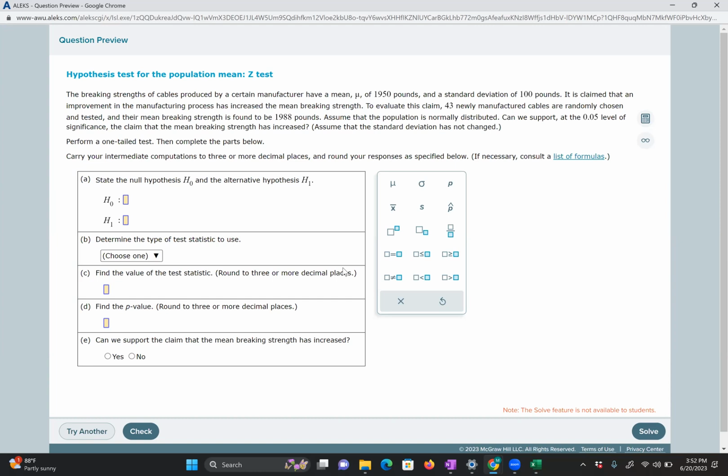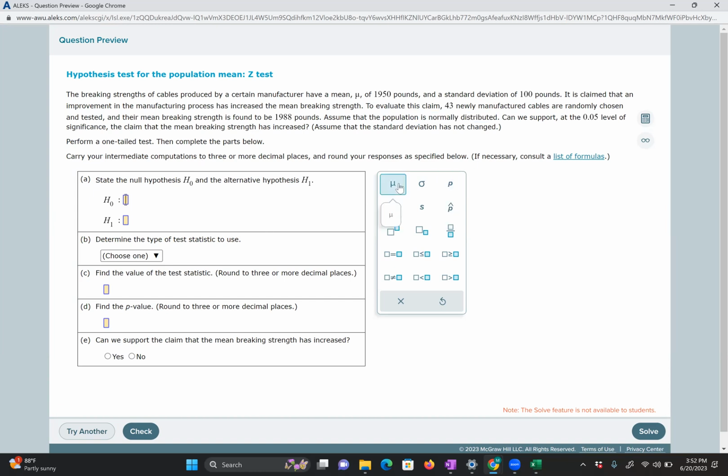Their mean breaking strength is 1988 pounds. Assume the population is normally distributed. By the way, this is also another important statement. Normally distributed. Can we support with an alpha of 0.05 significance that the claim mean break time is increased?